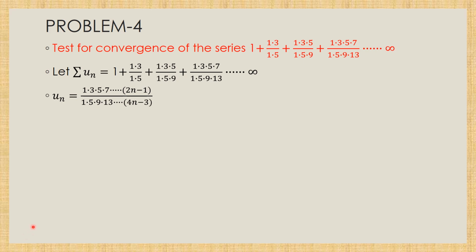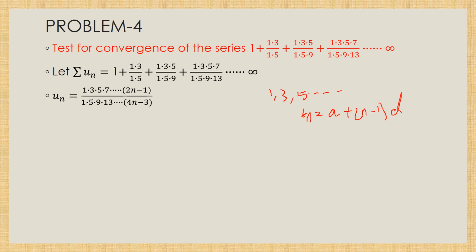The nth term of a given arithmetic progression, Tn, has a formula: first term a plus n minus 1 into common difference d.